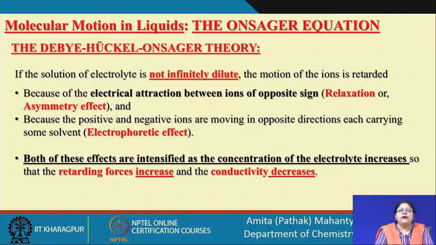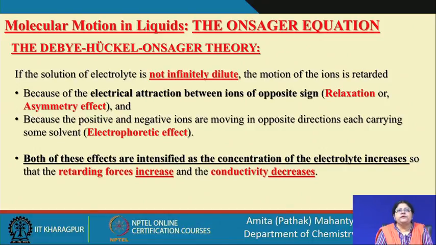Whenever the ions are retarded in motion, that means their mobility is reduced. Both the effects, electrophoretic and the relaxation effect, give rise to a loss in mobility. They retard the ion from moving forward, and this is hence going to reduce the mobility of each of the ions and hence the conductivity.